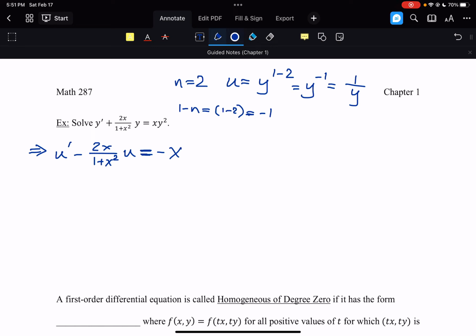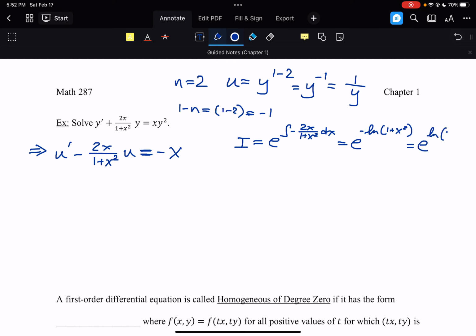Then from here, this is now first order linear in terms of u and x. So we need to go ahead and find I, that integrating factor. So that's e to the integral of negative 2x over 1 plus x squared dx. And that one, it would require like a u substitution to set this one up, but it works out to e to the negative ln of 1 plus x squared, which then we can use log properties and move that negative up above the object.